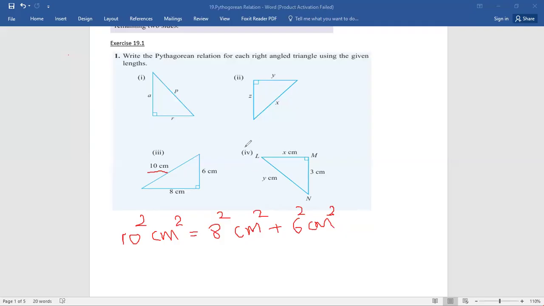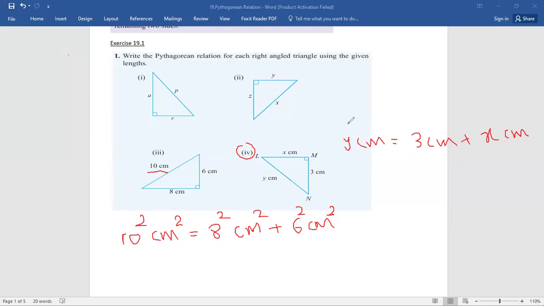And let's go to the fourth one now. What is the hypotenuse? Y centimeters. So I will write it as it is. Y centimeters equals 3 centimeters plus x centimeters. Is this correct? No, right?